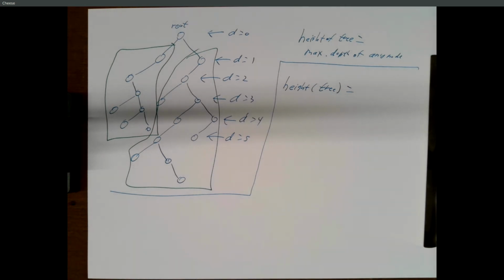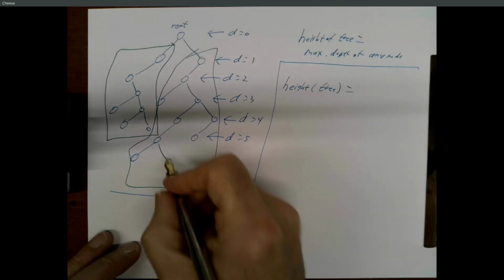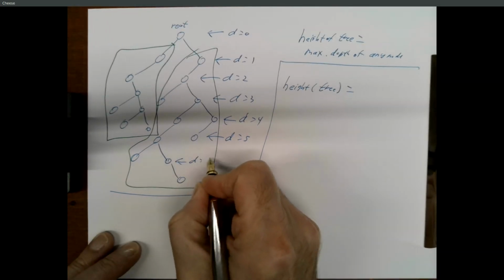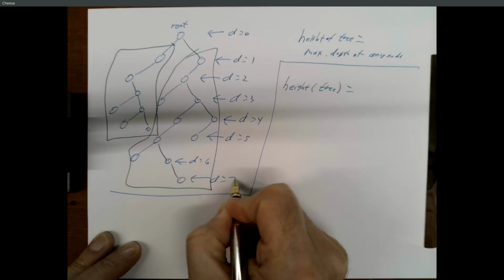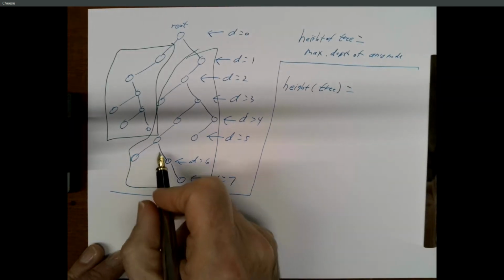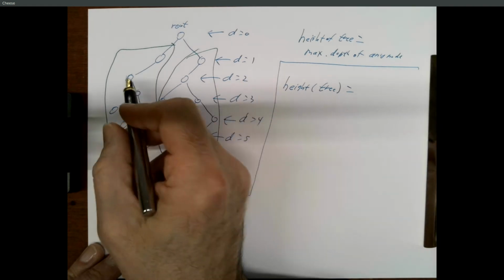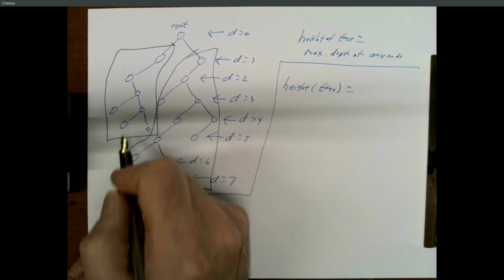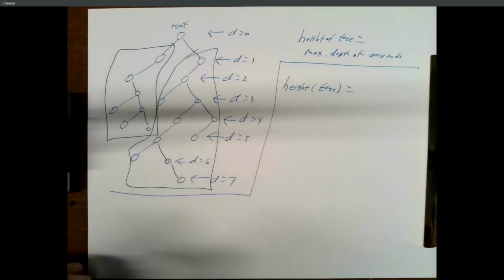I got an entire tree to the left of the root, I got another entire tree to the right of the root. Those trees could be null, but in this case they look interesting. Alright, so these are depth 4.